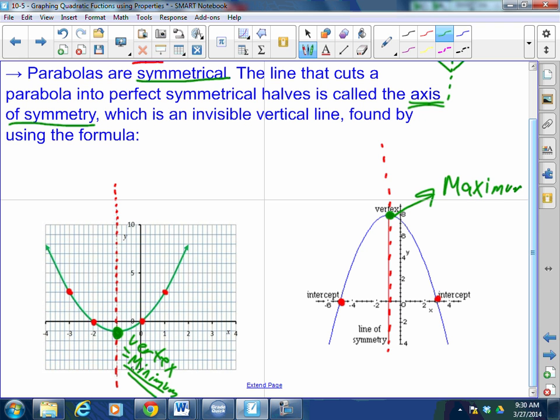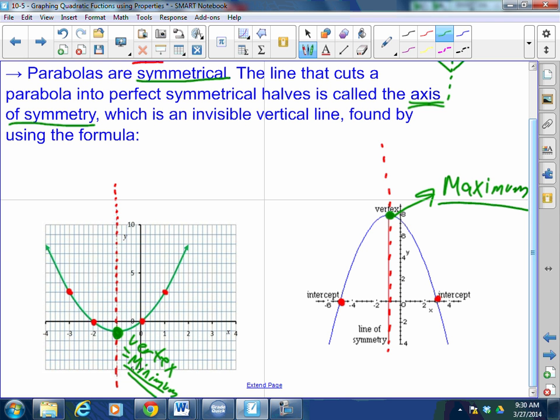Yeah, but whatever the x point on that is, would that be on that line? Would that be the line of symmetry, the axis of symmetry? Yes, the vertex is always on the axis of symmetry, and the x value of the axis of symmetry is the x value of the vertex. Yes, we're going to show that right now. But I wanted to give you a visual. Very good question, son. Thank you.